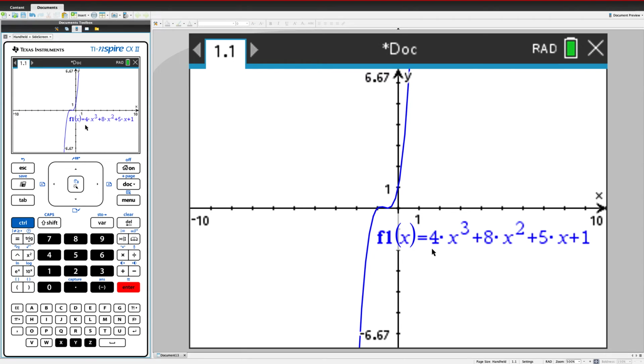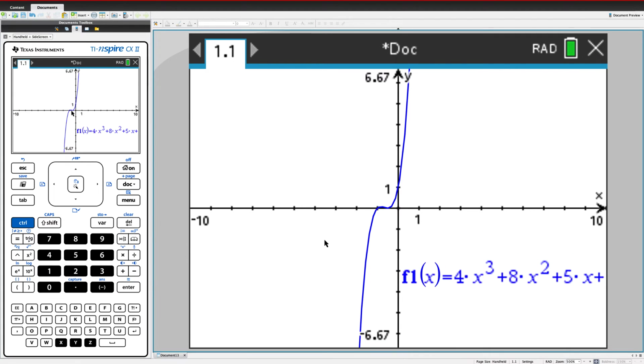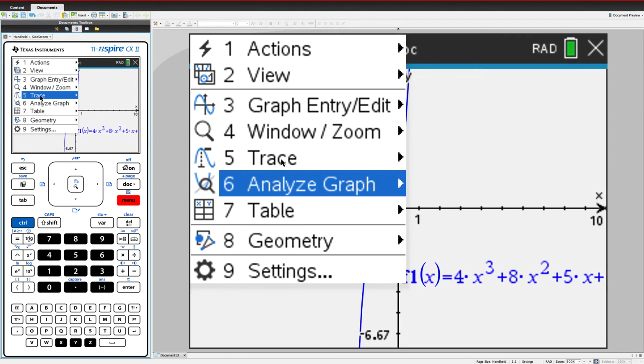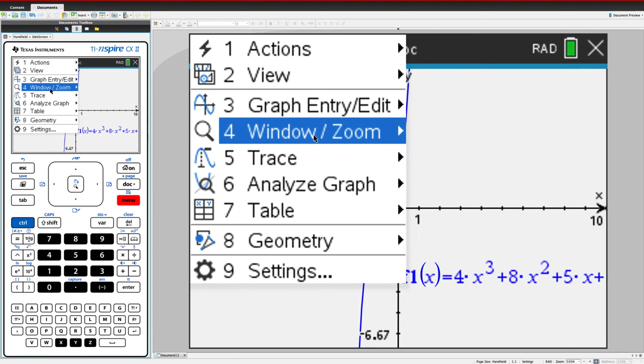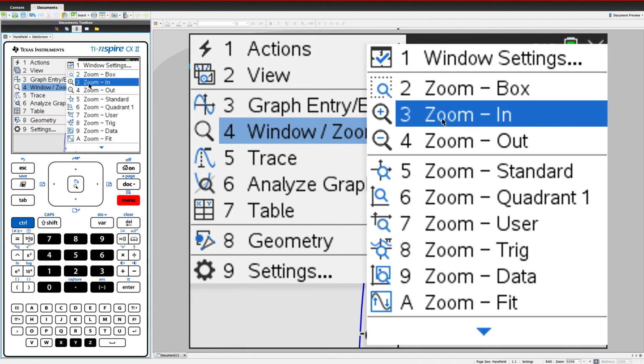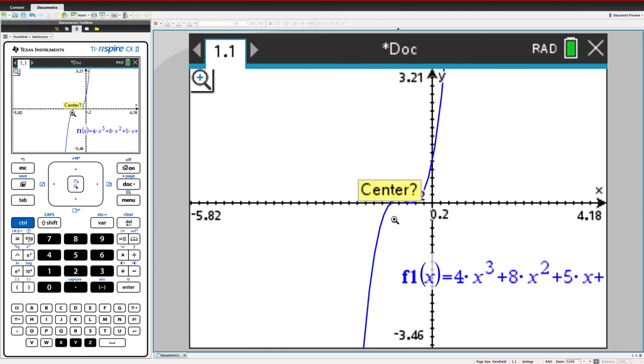I'm going to hit enter. I'm going to zoom in one time so I can see this well.